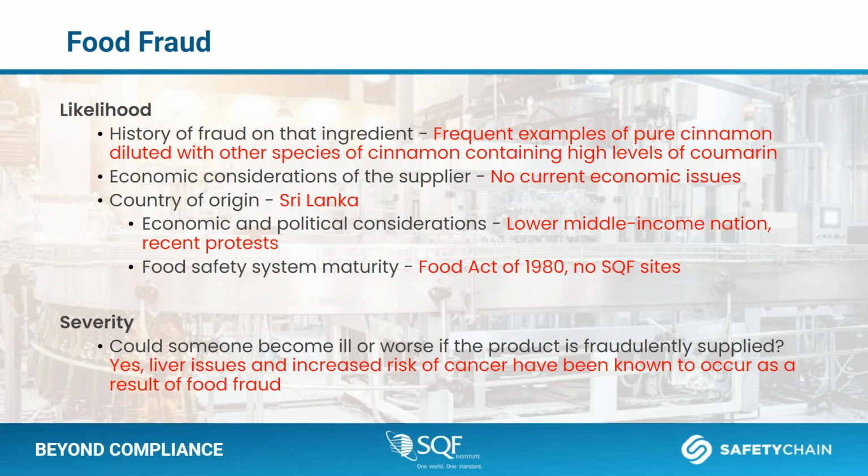In order for it to be pure cinnamon, back at the beginning, it comes from Sri Lanka. And then you can look at what the economic and political considerations are in that country. Sri Lanka is a lower middle income nation, and they've had some recent political protests. That can also disrupt food supply, which can lead to some food fraud concerns as well.